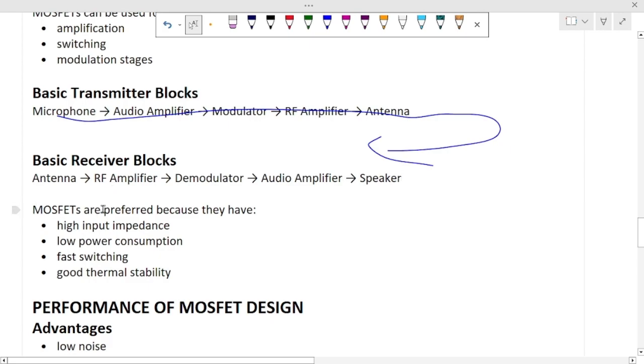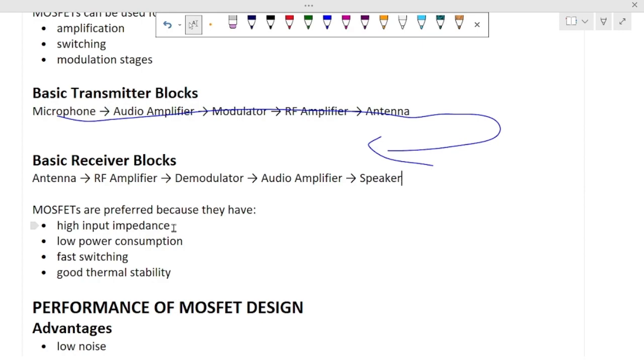Next is the importance of MOSFET. Why do some persons prefer MOSFET for this transmission and receiver stuff? MOSFETs are preferred because they have high input impedance and low power consumption. I think we talked about this in the last video. High input impedance means they resist the flow of current. Impedance, resistance, similar idea.